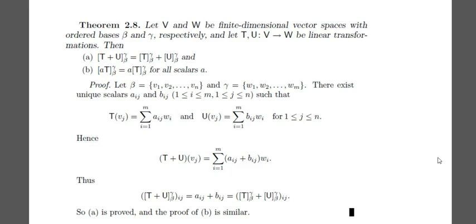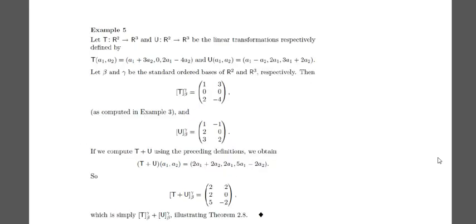T plus U of v_j is summation i equal to 1 to m of a_ij plus b_ij times w_i. So the corresponding matrix will be a_ij plus b_ij, which is equal to a_ij, the matrix corresponding to T, plus b_ij, the matrix corresponding to U. So we get this first part. Similarly we can do the second part also.